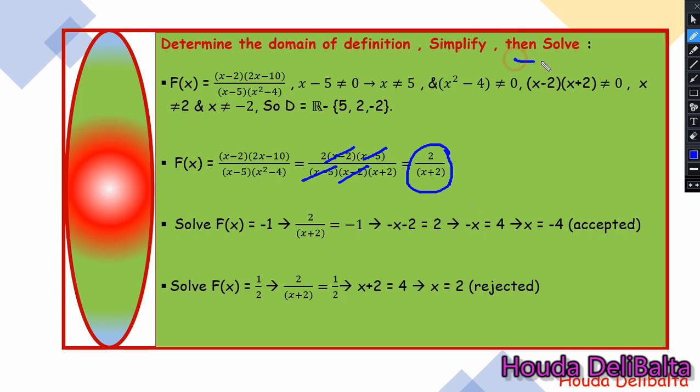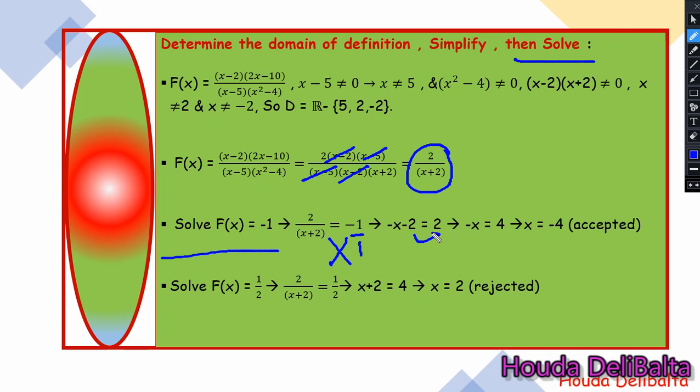Then I have to solve f of x equals minus 1. So all what I have to do is to take the simplified form and put it equal to minus 1, and then I have to cross multiply. Then I will get that minus x minus 2, because minus 1 multiplied by x plus 2 is minus x minus 2, equals 2 times 1.